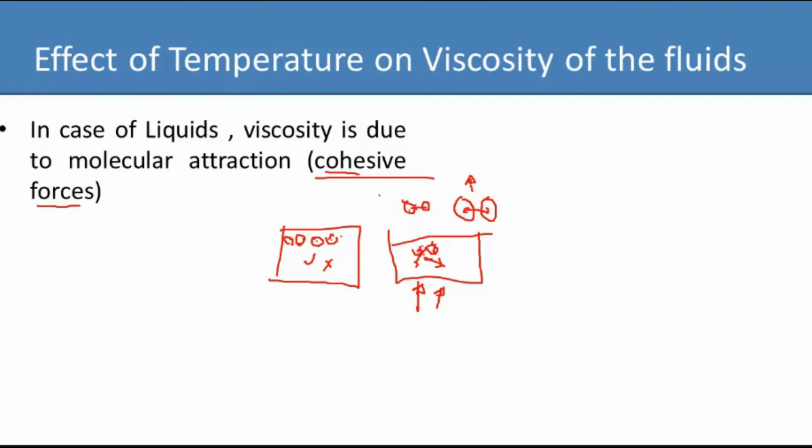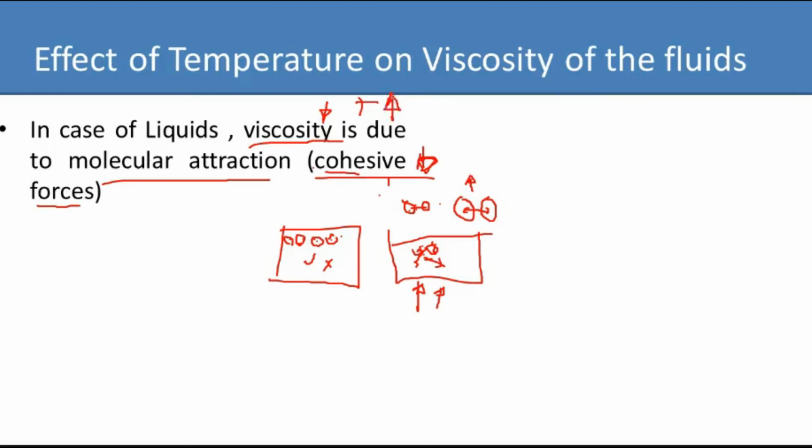So as the center to center distance increases, these cohesive forces become weaker, and basically in case of liquid, the viscosity is due to cohesive forces, and as the cohesive forces reduce, the viscosity of liquid reduces with increase in temperature.